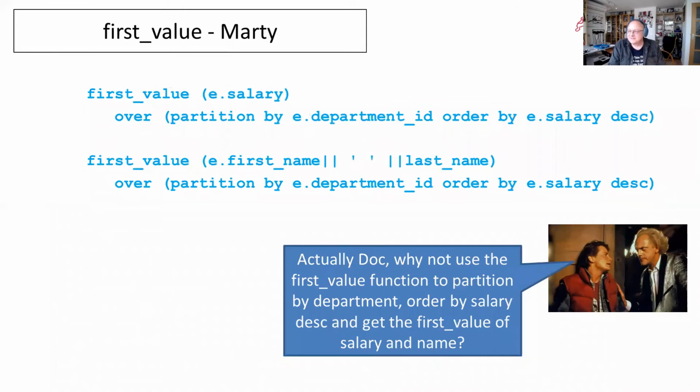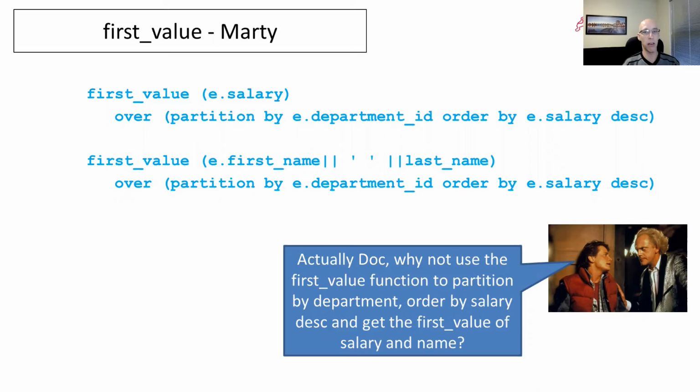So if we take the first value analytic function, the first value analytic function means that we have an order by of the result set, and once we have the analytic function with the order by, first value means take some column, and we can take any column from basically the first row in the group if you have partitions, or from the entire result set if you don't.